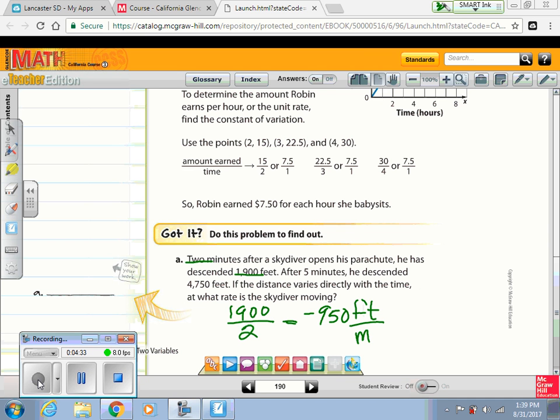If he went down 4,750 feet in 5 minutes, it's negative 950 feet per minute, because it's a proportional relationship. It's a set amount of velocity as he free falls from the airplane.